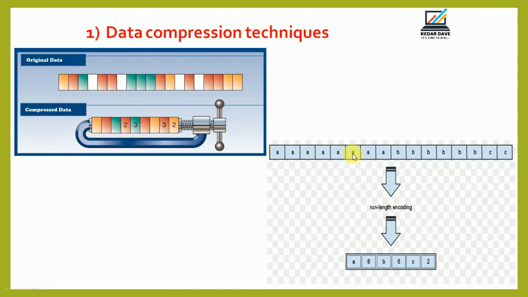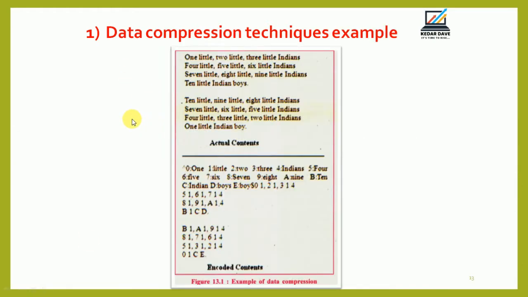So 8 times a is written, so it occupies 8 times. Instead of that, the data compression technique just writes a 8 times, b 6 times, and c 2 times, right? So this way it will encode the data and compress the data by using the data compression technique, right? So this is another example.